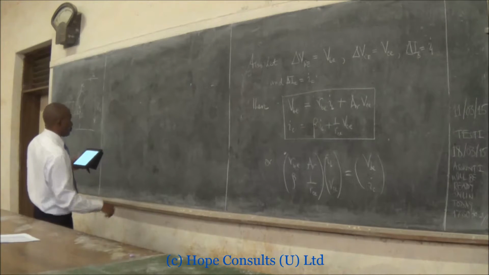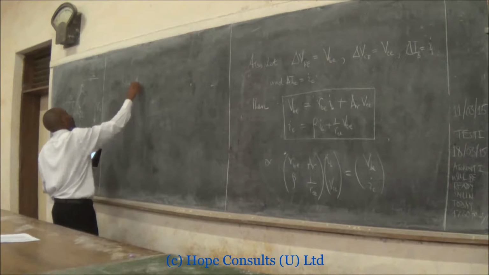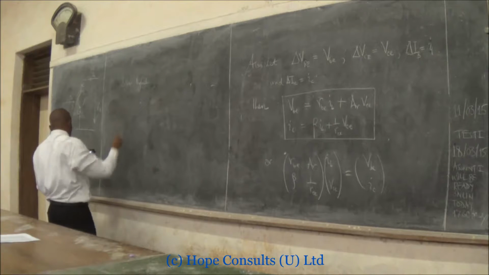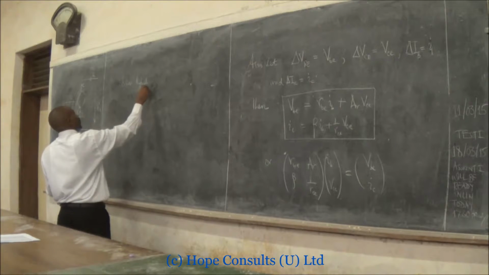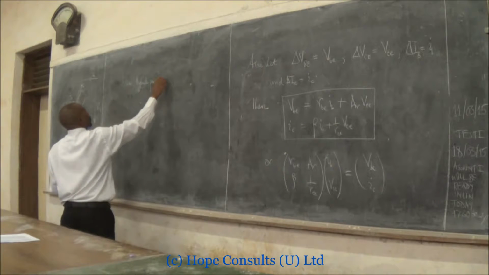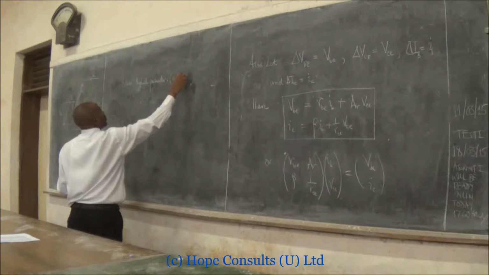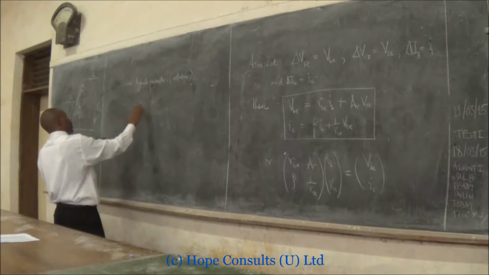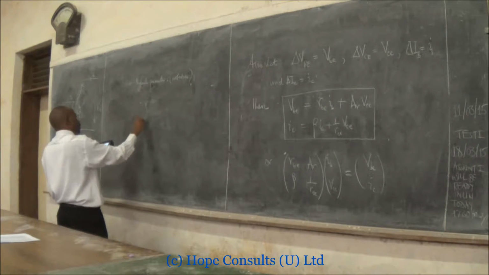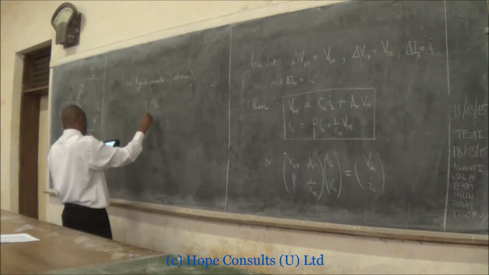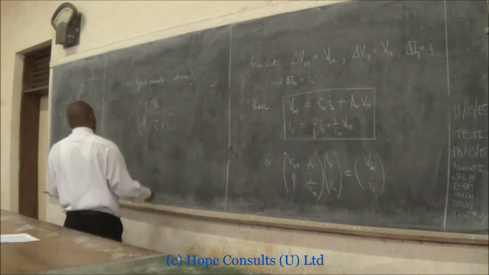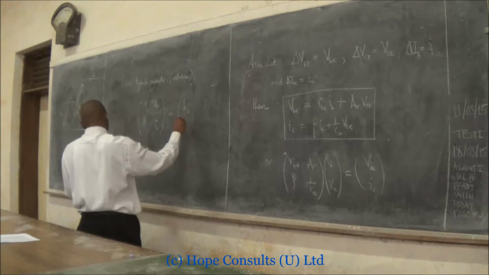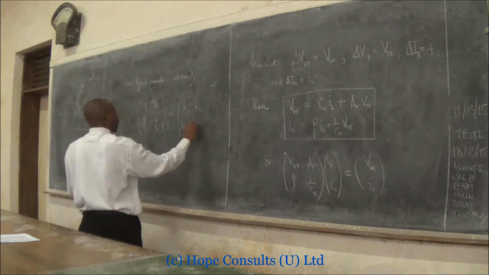So other hybrid parameters, or sometimes which we call h-parameters, can be listed down as RBE, beta, AR, 1 over RCE, equivalent to HIE, HRE, HFE, and HOE.